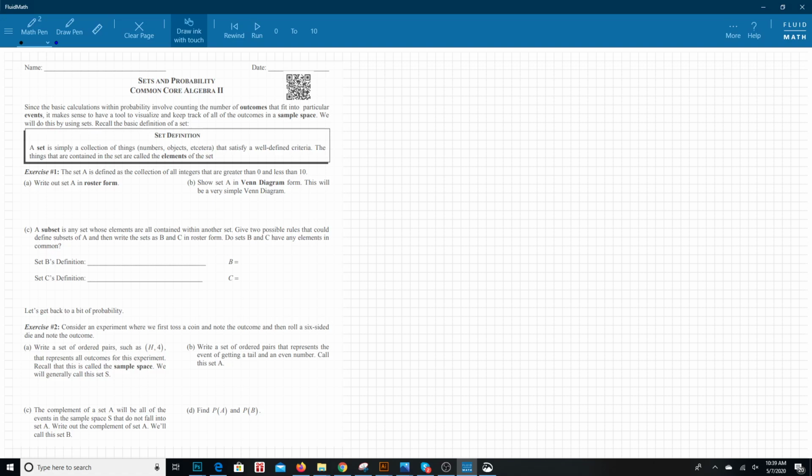So next, exercise 1. It says, the set A is defined as the collection of all integers that are greater than 0 and less than 10. So I'll draw a little circle, which is usually how sets are represented. We'll set A greater than 0 and less than 10.